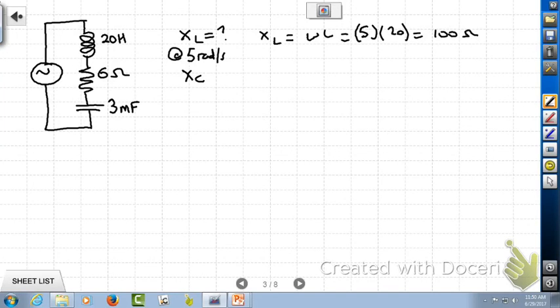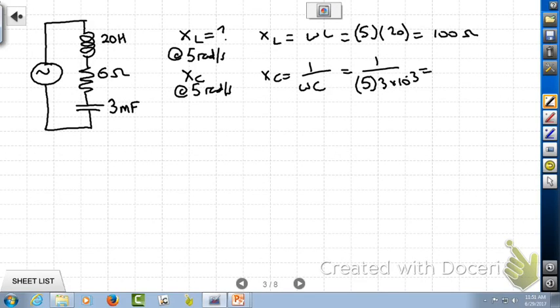XC at 5 rad per second. XC is equal to 1 over omega C, which equals 1 over 5 times 3 times 10 to the minus 3, which equals what?